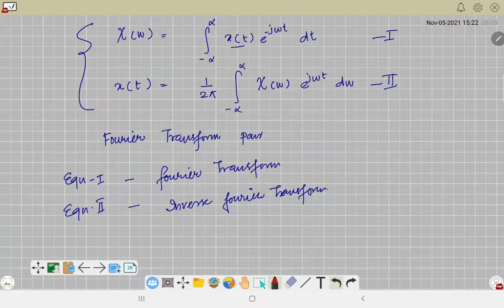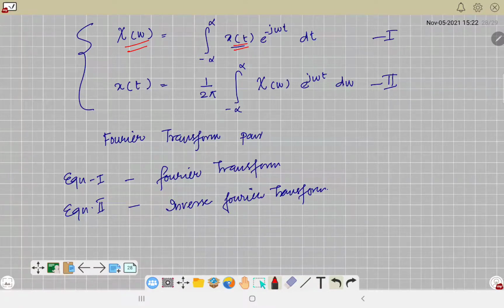So in the previous video we arrived at these two equations, two expressions that define the Fourier transform. We have equation 1 wherein you are transforming your time domain signal, that is this x of t, to frequency domain signal x of omega using this integral.